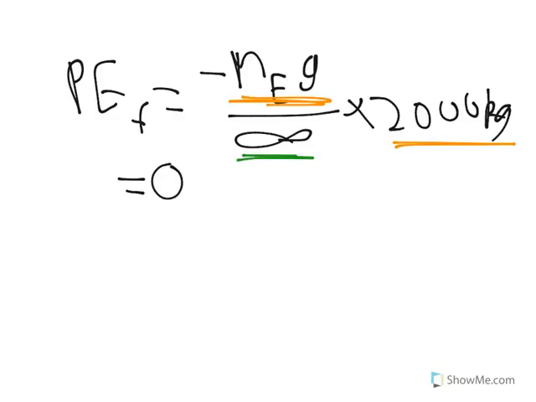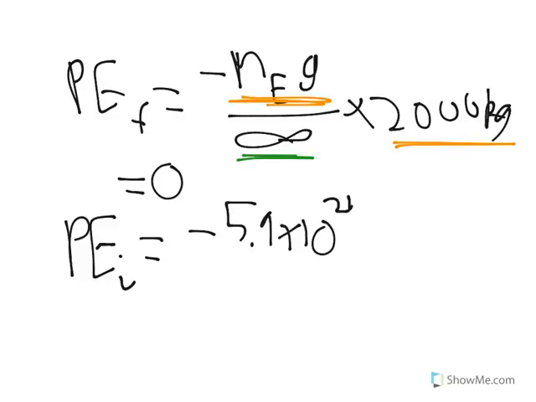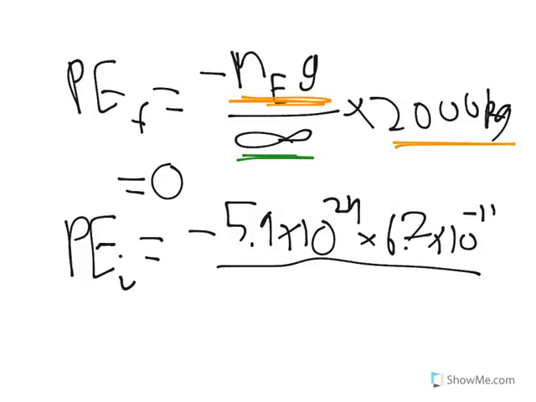That's pretty simple. Now, potential energy initial's a little trickier. We say negative mass of the Earth, which, as we said, is 5.9 times 10 to the 24th, times the gravitational constant, 6.7 times 10 to the negative 11th, divided by the radius of the Earth, which is 6.3 times 10 to the 6th meters.